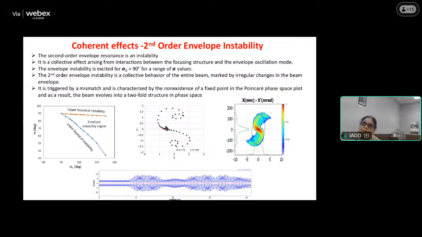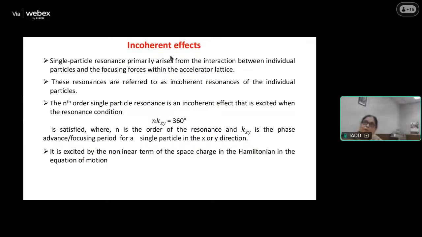So if you see the Poincare plot of the envelope in phase space, there is no fixed point, and in fact it is forming an S type structure. So the beam evolves into a two-fold structure in phase space. If you see the beam as a whole, due to the envelope instability it will evolve into an S-shaped structure, which is like this. This is an instability which is to be avoided, otherwise it leads to a large increase in emittance.